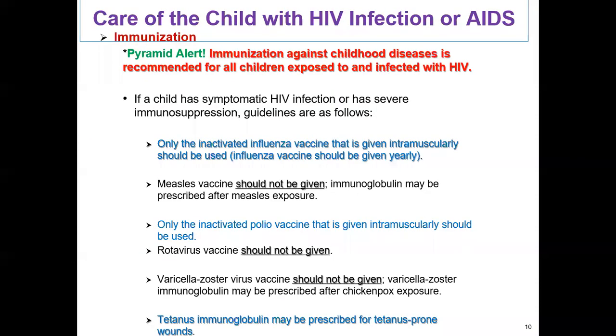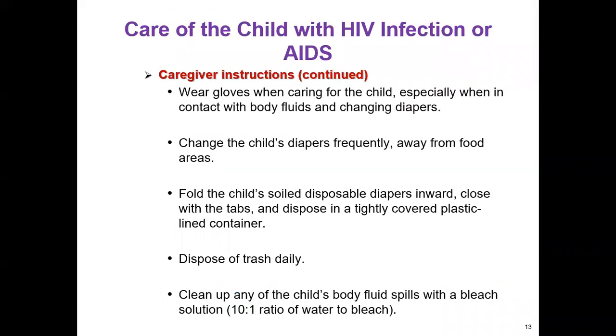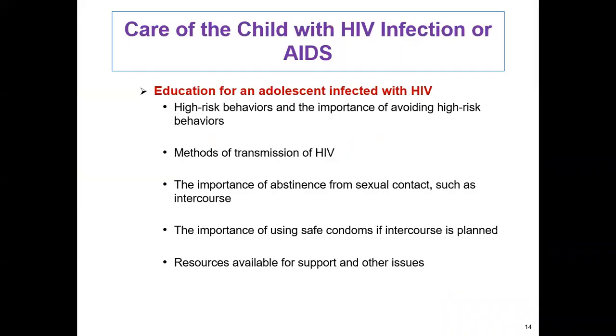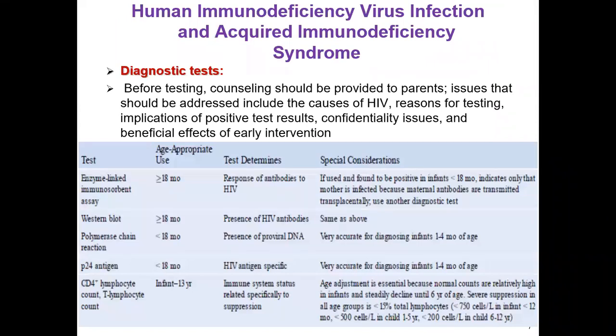Here we're going to talk about how to take care of the patient who has HIV. But let me talk about how we diagnose HIV. Diagnostic test. Before testing, counseling should be provided to the parents.